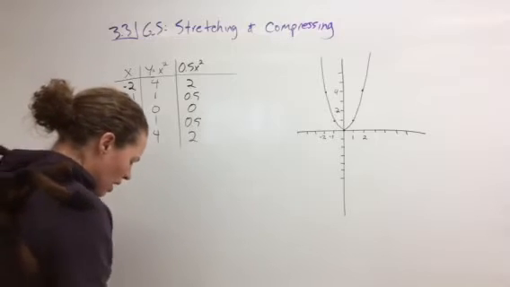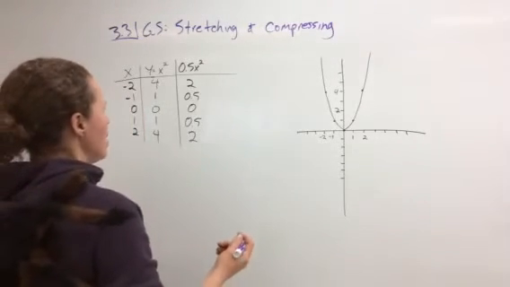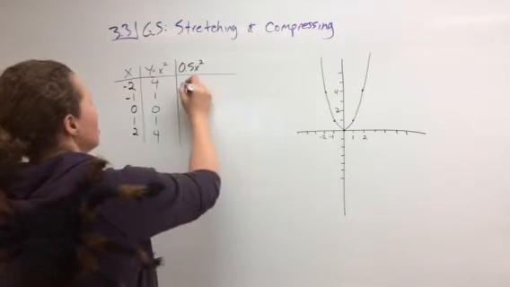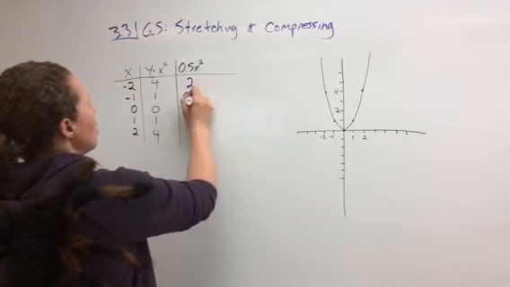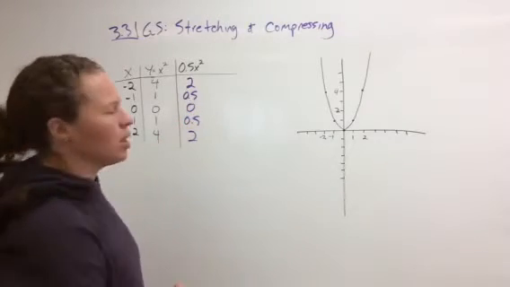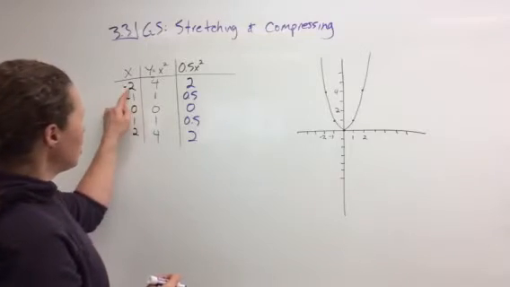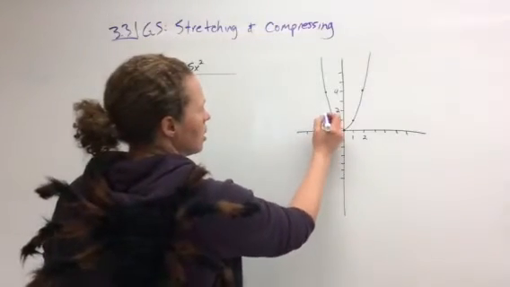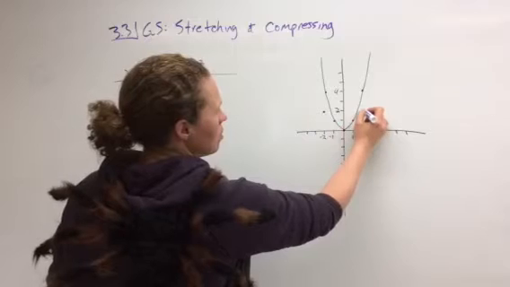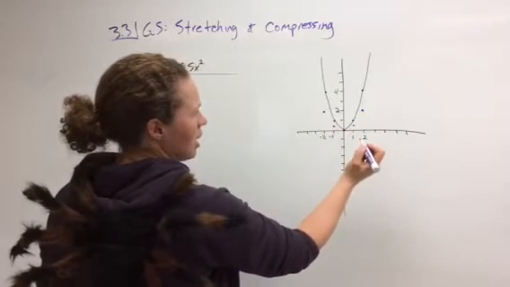Now, what would that look like if we put it on the graph? Let's just do these in purple so we can see them when we replot them. So -2 now is going to be 2, and 2 is going to be 2, this one's going to be a half, this one's going to be a half.